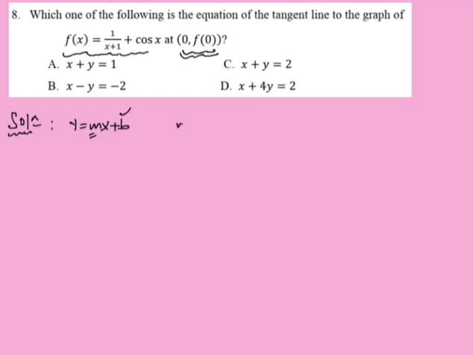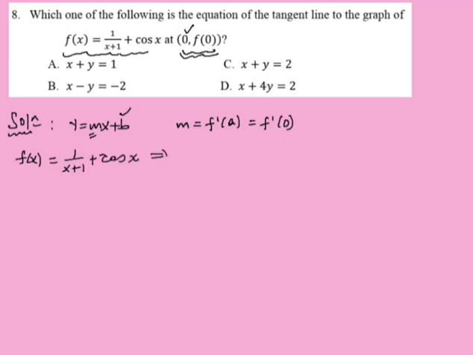Here, using the concept of derivative, the slope can be calculated as the derivative of the function at the point of tangency a. Here a is 0, so we calculate the derivative of the function at 0 to determine the slope. So let us proceed. Our f of x is 1 over x plus 1 plus cos x.